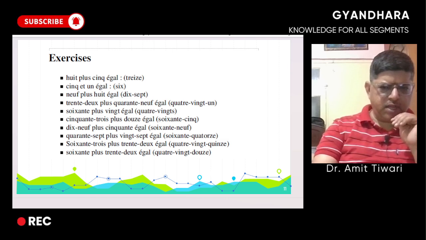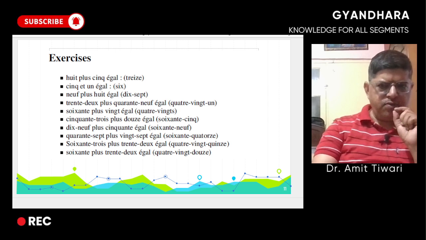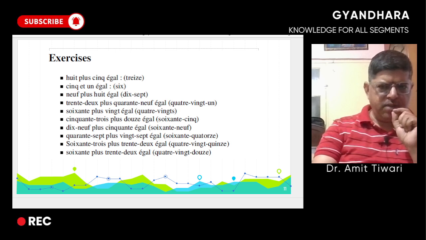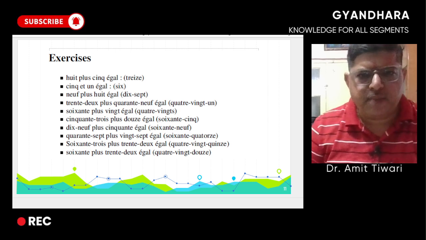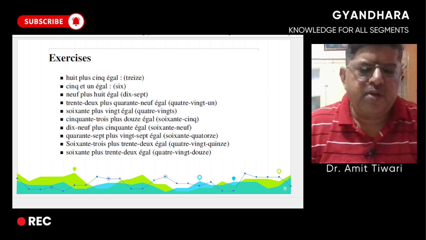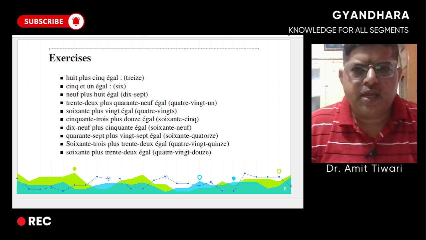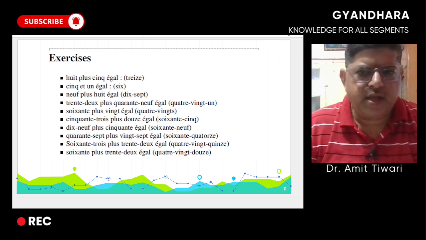If you know numbers well, if you know how to deal with this particular pattern, you'll be able to learn the language. So with this, you will be able to do simple mathematical equations, addition, subtraction, division and multiplication, in French.